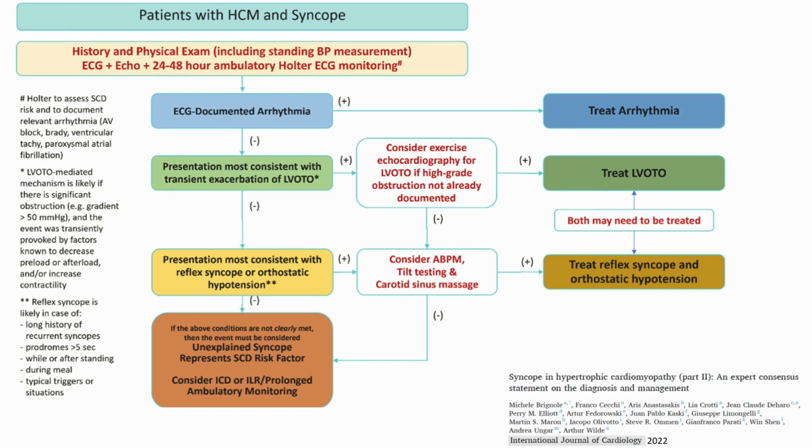If it is an AV block, it's an AV block. If it is atrial fibrillation, treat it. If it is ventricular tachycardia, implant an ICD. If no arrhythmia is documented, the second step is to calculate the severity of the gradient of the outflow tract. If there is a gradient of more than 50 millimeters of mercury, treat the gradient.